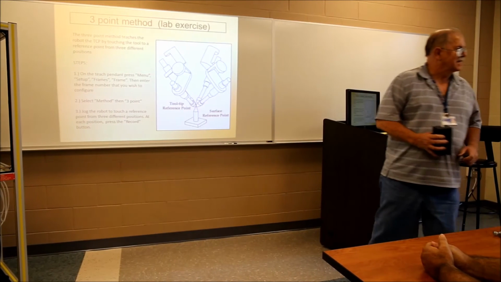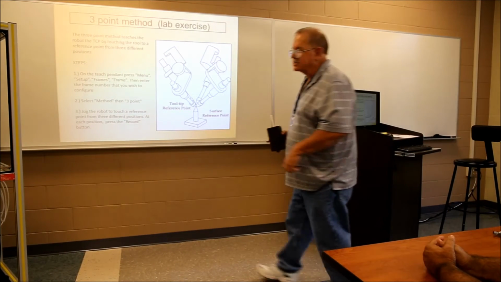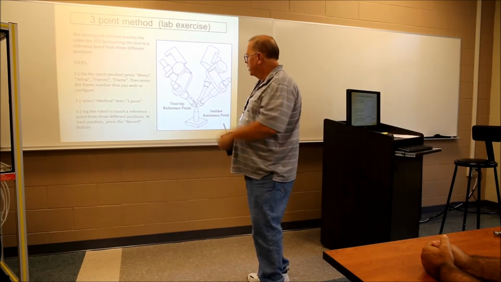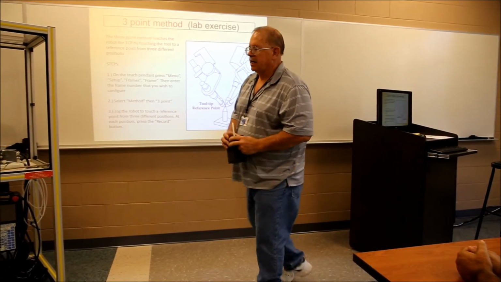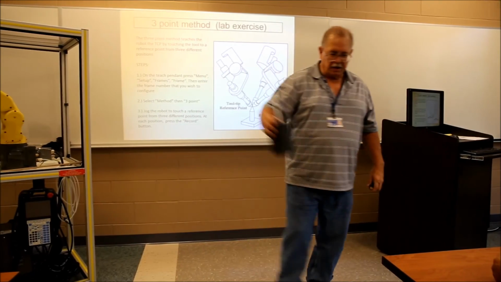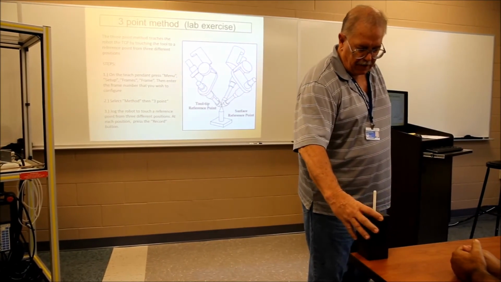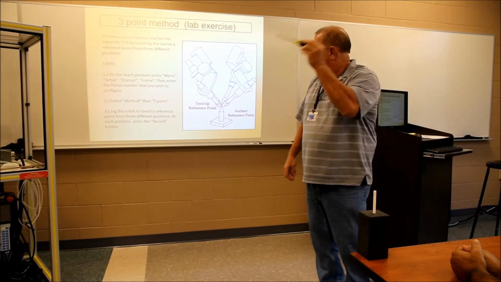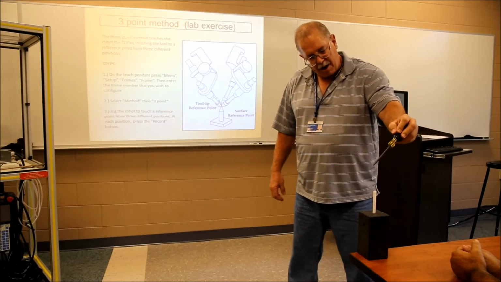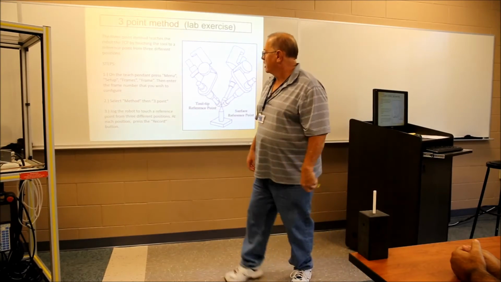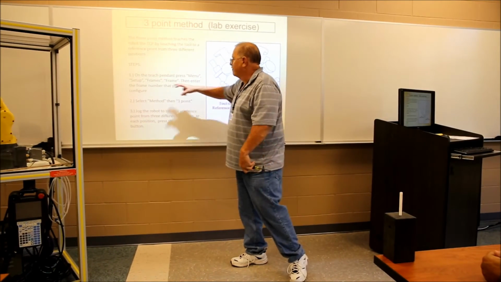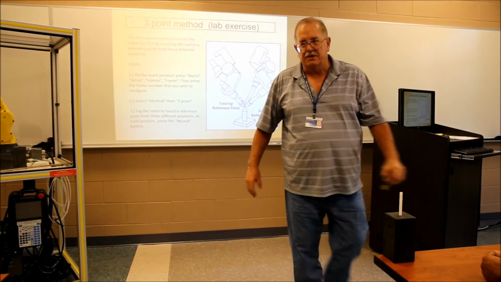Another method we can set it up if we don't know the exact geometry is what we call the 3-point method. In the 3-point method, we will take a part. I'll use this as an example. I have the tool. I can drive my robot so it just barely touches this and then set it. And I would set it by going into menu, setup, frames, go through the series of menus.